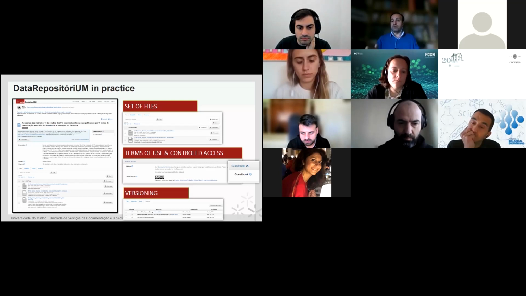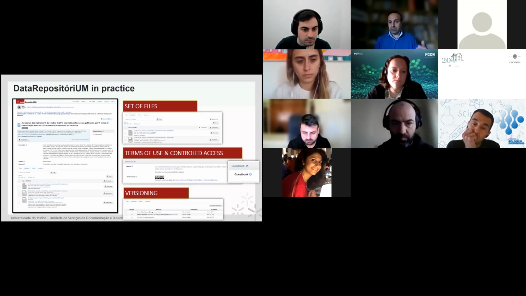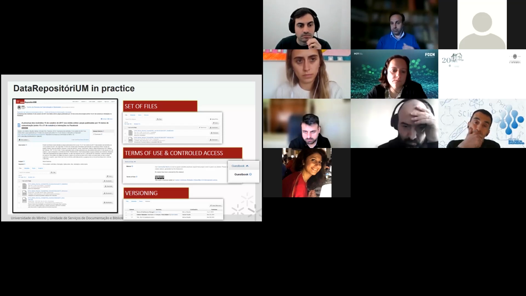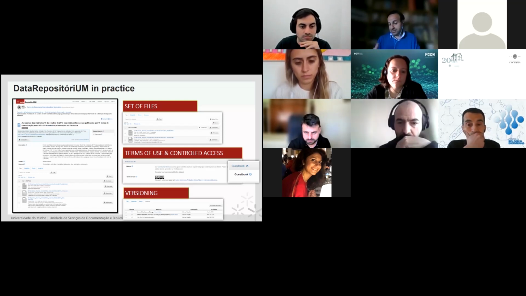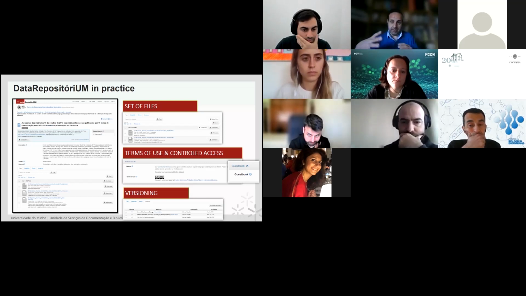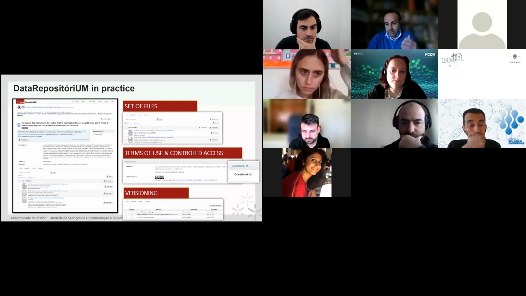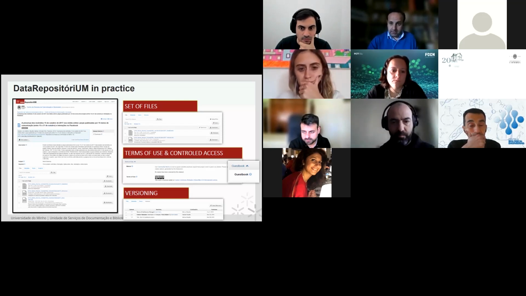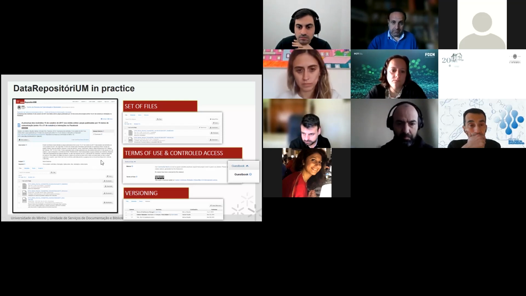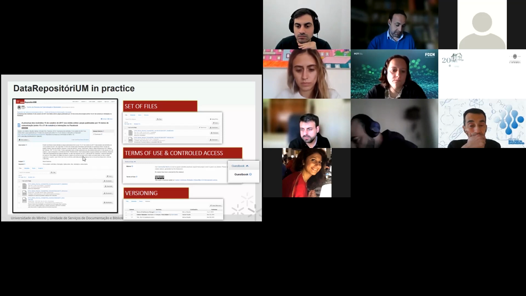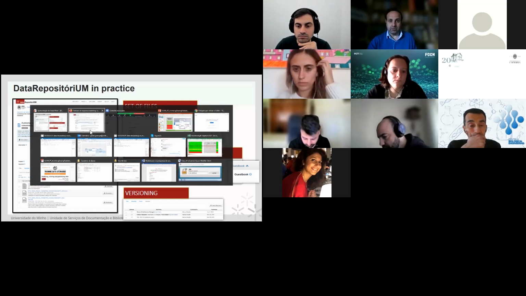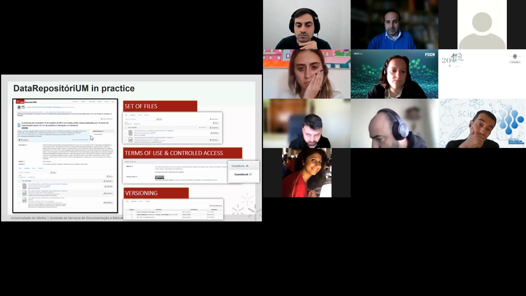People need to fill that form, presenting why they want to use the data, and then you give access to the data, or people get automatically the data, which is an interesting feature for a better control. Of course, you can always have people filling the form with bad purposes, but this is for the best effort of science.